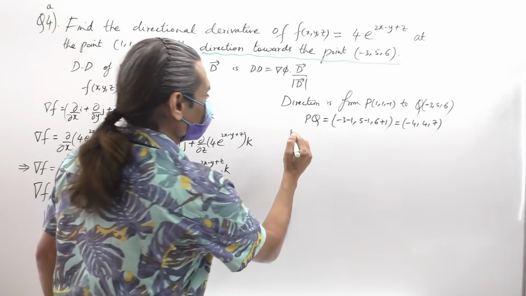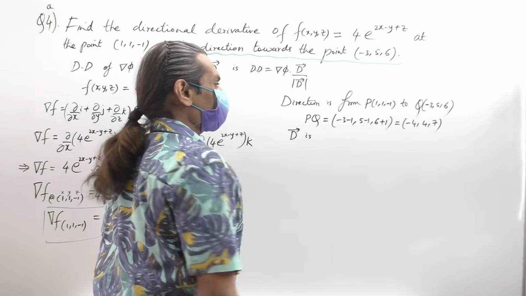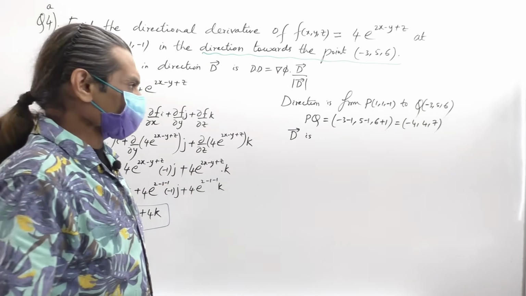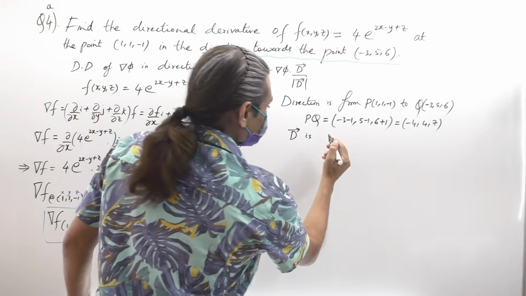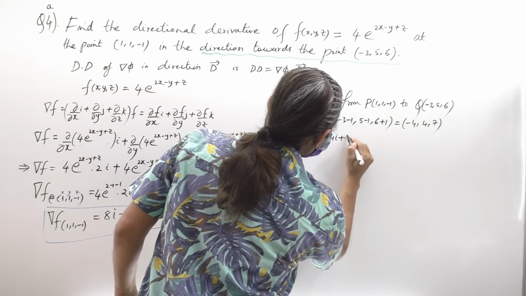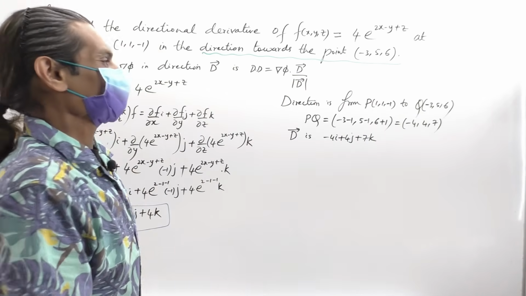Now therefore the direction d vector is nothing but, minus 4, 4, 7. As you know, any direction is written as xi plus yj plus zk. So I can write this as minus 4i plus 4j plus 7k. That's it.